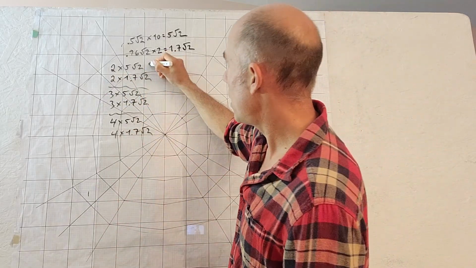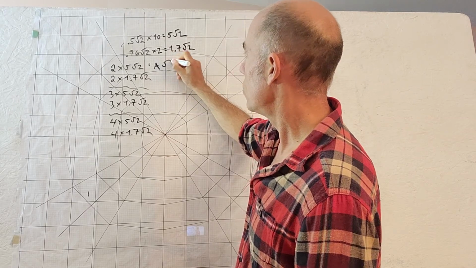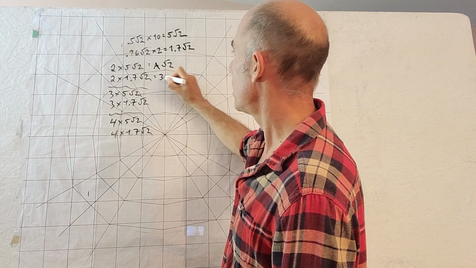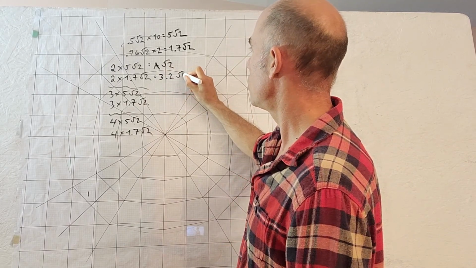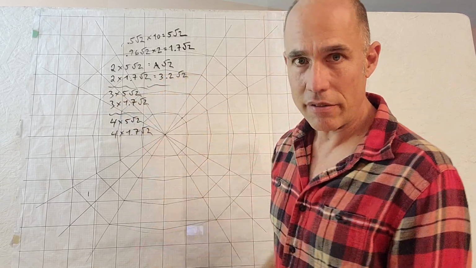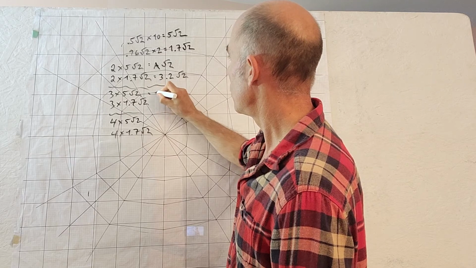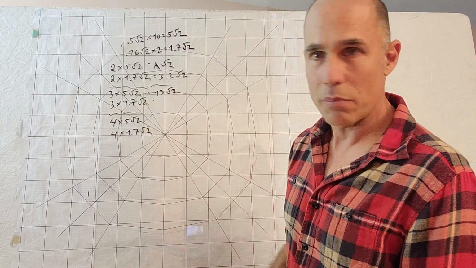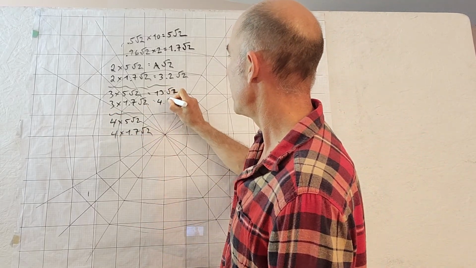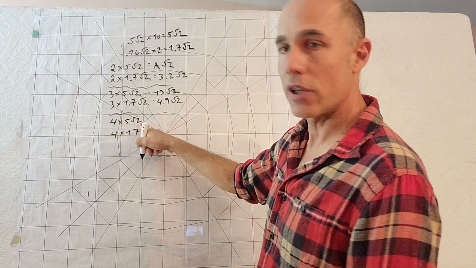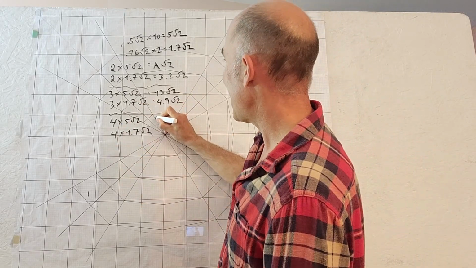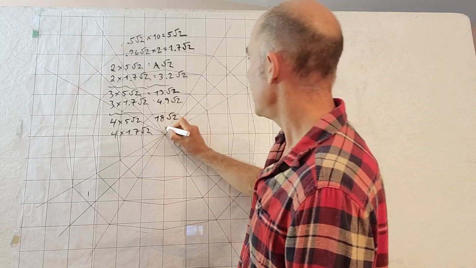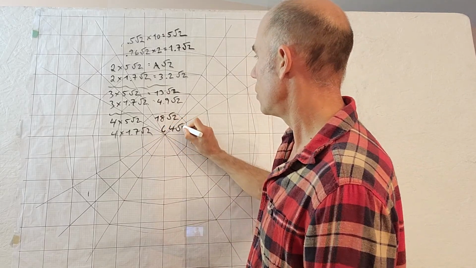So 2 times 5 is a root 2, and 2 times 1.7 results in 3.2 root 2. 3 times 5 is going to be 13 root 2, and then 3 times 1.7 is 4.9 root 2, and 4 times 5 in base 12 is 18, again, root 2, and 4 times 1.7 is 6.4 root 2.